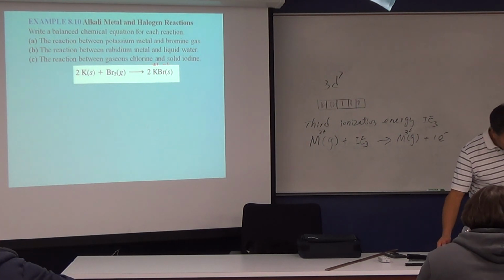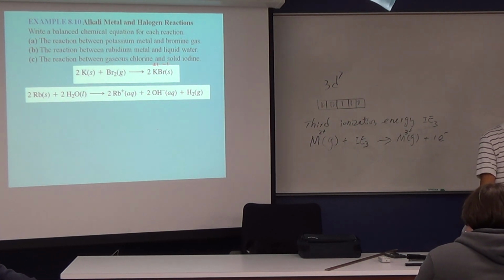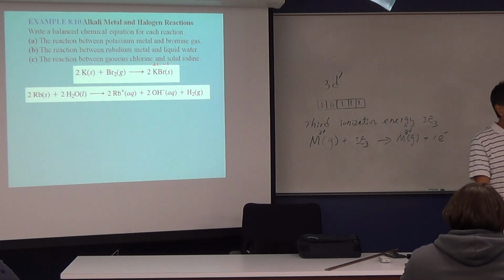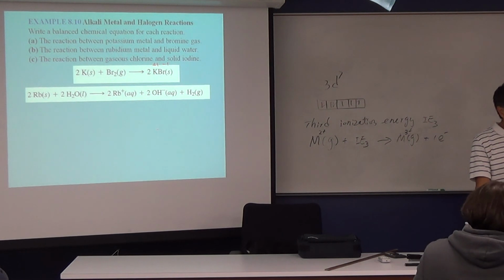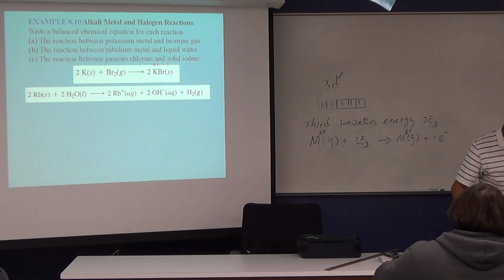Okay, the other one is about reaction between metal and water. So some of those very active metals, like group 1A, group 2A, you put them in water, you will see the flame and the reaction.